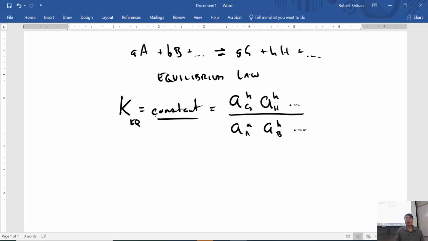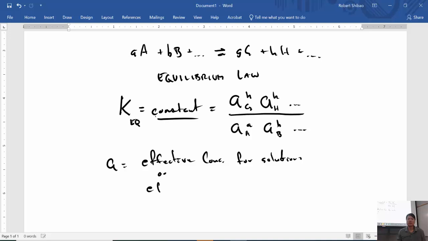This is where the activity is the effective concentration or the effective pressure. For solutions, the effective concentration, or the effective pressure for gases.